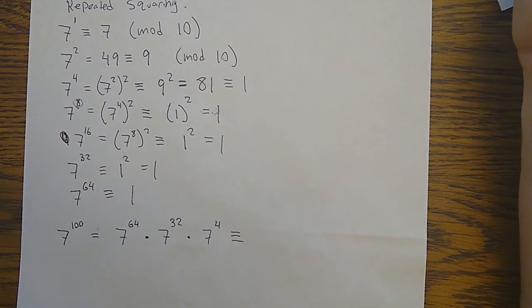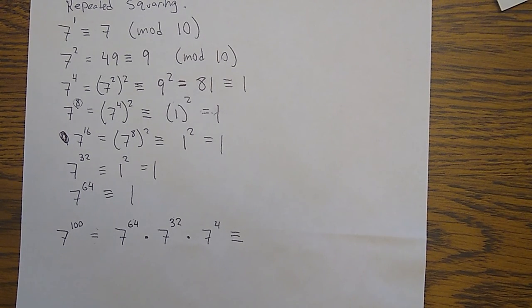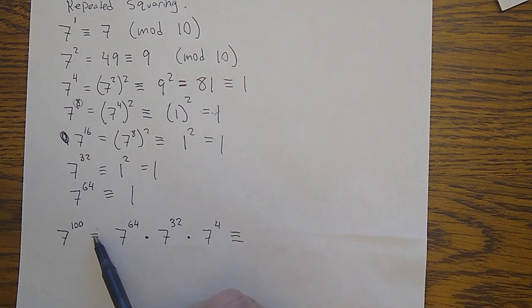Like 7 and 17 are congruent mod 10 even though 7 and 17 are not equal. I like to write equal signs when things really are equal. For example, this really is equal. What I'm about to write would not necessarily be equal. In fact, it's not equal, but it is congruent.